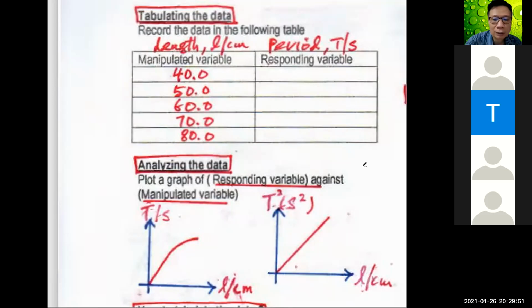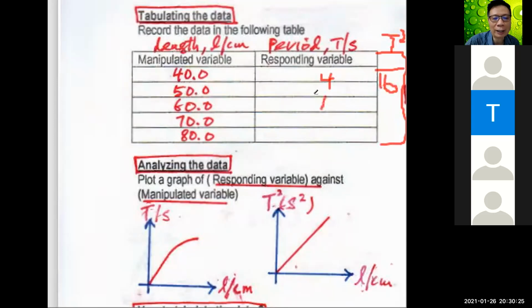You must know that if you plot T against L, you get a curve; if you plot T squared against L, you will get a straight line. Okay, T squared means you add one more column here, T squared. T squared means you use the calculator to square it. So let's say here is 4. For example, 4 T squared is 16, memorize it. Understand?